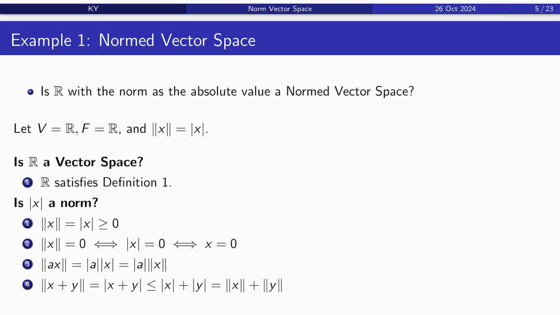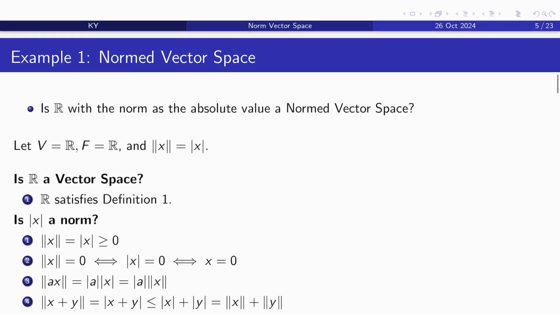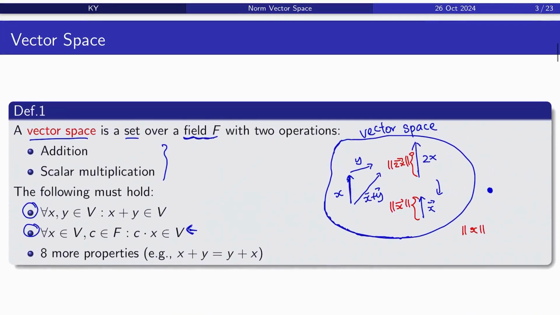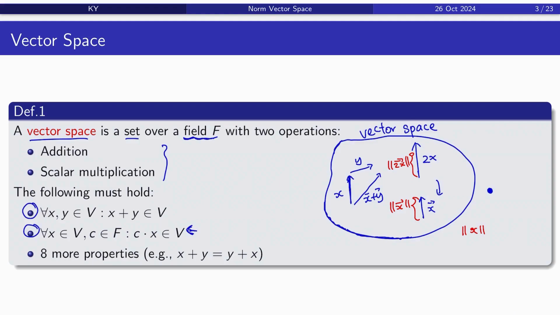So first we need to check that R itself is a vector space. Well, it is, because it satisfies definition 1. And our definition 1 basically says that it has to satisfy these two properties right here.